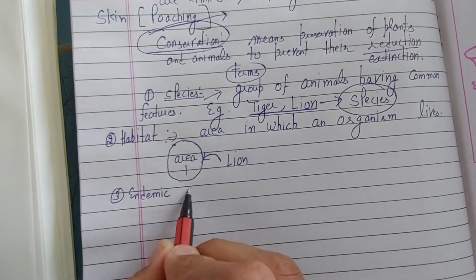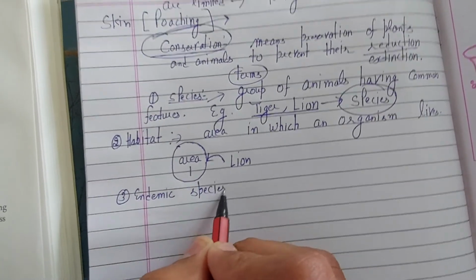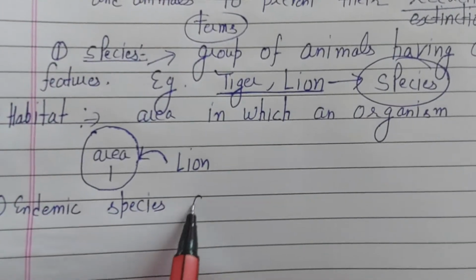The third term is endemic species. Endemic species are those that are found only in a particular area.